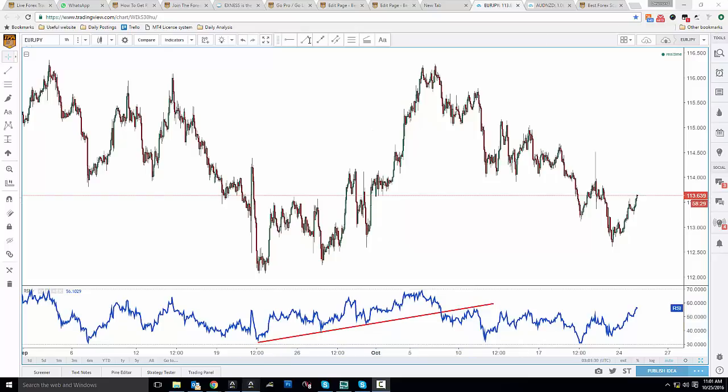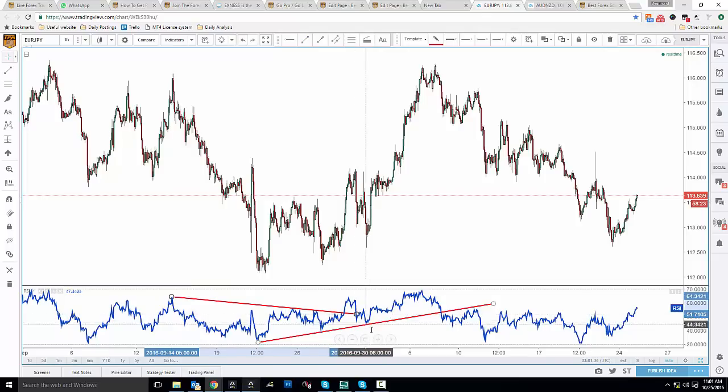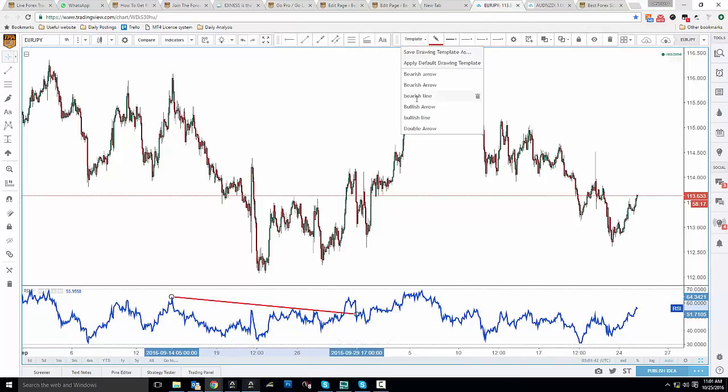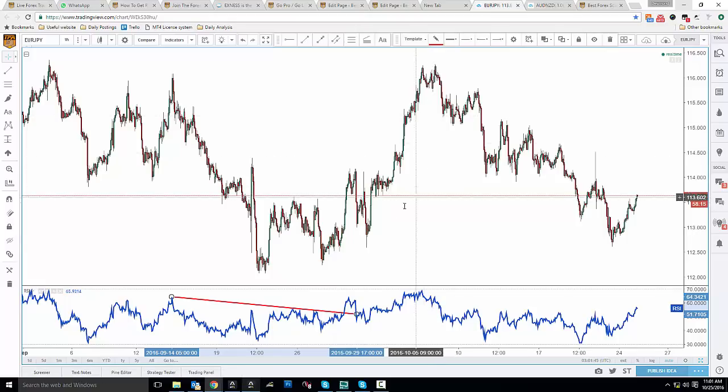Next example would likely be in this case here. Here you go. This is a bullish breakout, so we go with a bullish line. You will notice how every time price reaches this level here, let me use the arrow, there was a reaction.